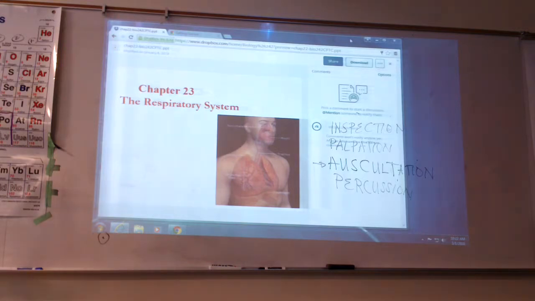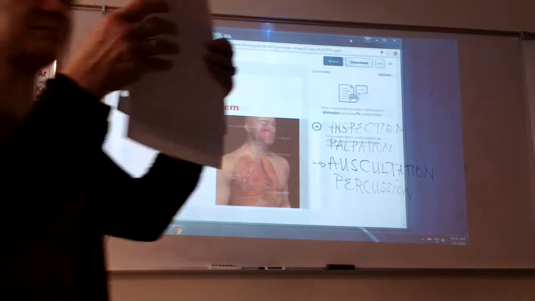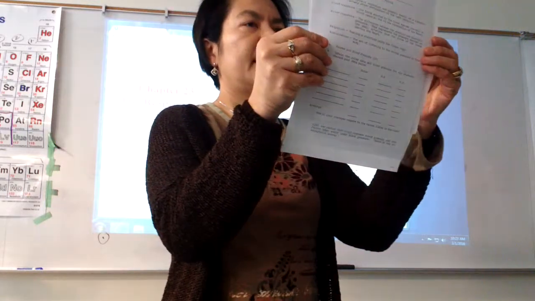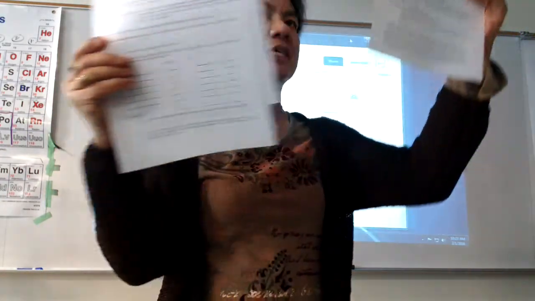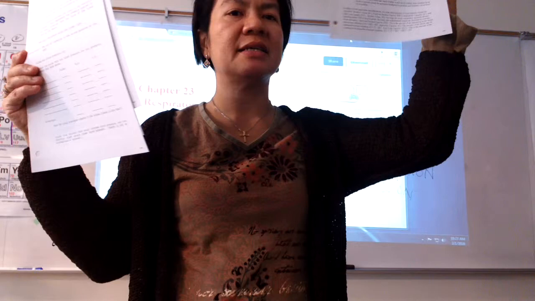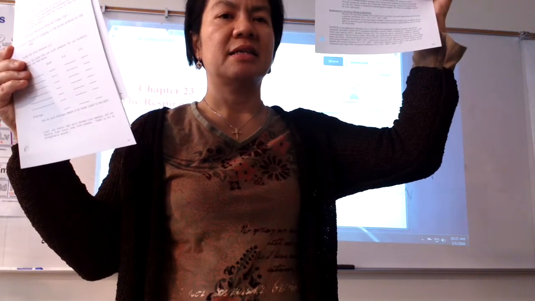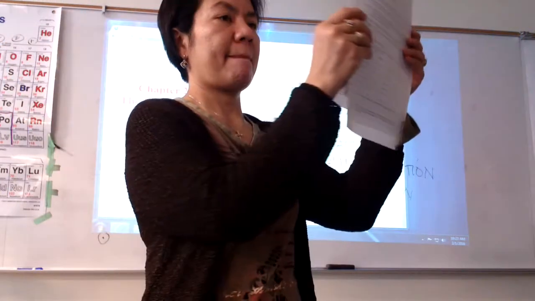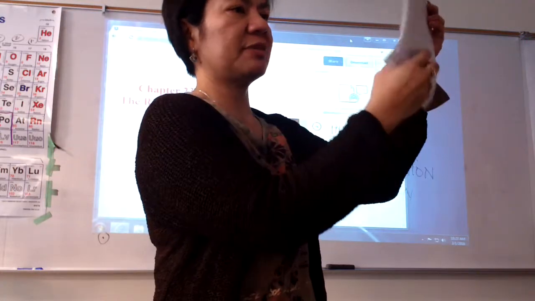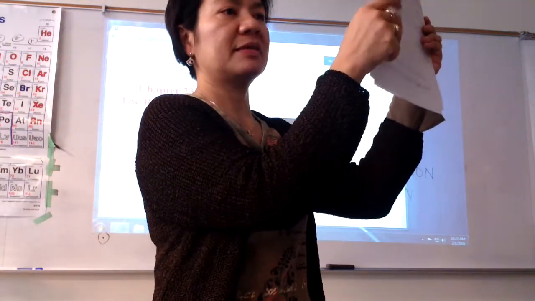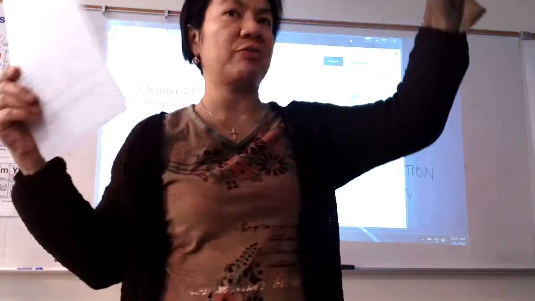Do you see this one, circulatory and respiratory system lab? And then all the way to this part right here, spirometry. Where's the first page? Circulatory respiratory system lab. Oh, right here. Pulse. And then all the way here.